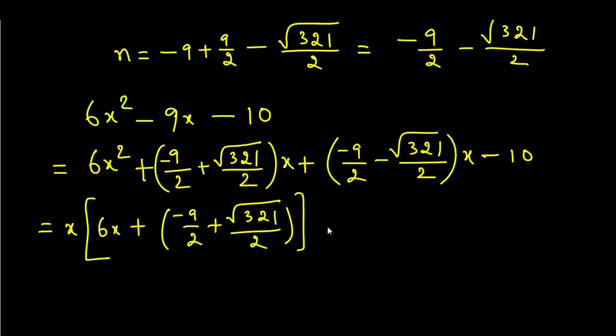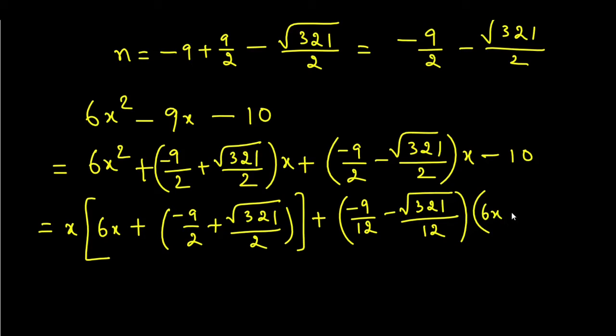Now we can take minus 9 by 12 minus 321 by 12 as a common factor. We remain with 6x plus minus 9 by 2 plus under root 321 by 2 as common factor.